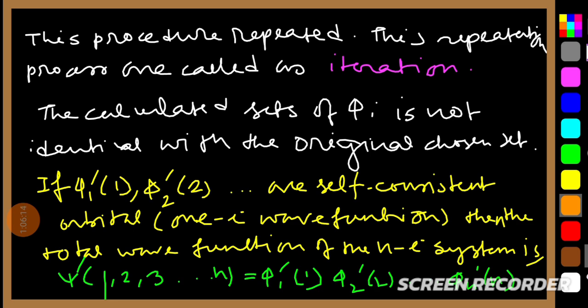Now if phi 1 dash 1, phi 2 dash 2 and so on are self-consistent orbitals, that means what? That is one electron wave function. Okay, so the total wave function should be written as what? That is phi of 1, 2, 3 and so on up to n, that is the overall wave function, equal to each of the components, that is phi 1 dash of 1, phi 2 dash of 2, and so on up to phi n dash of n.